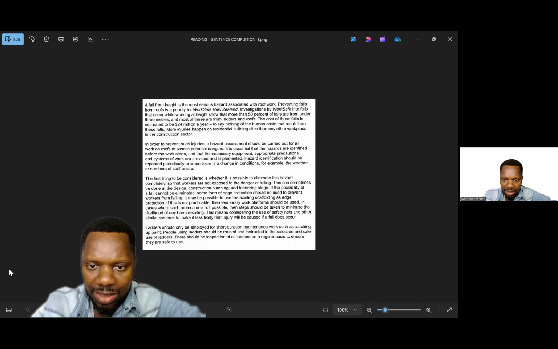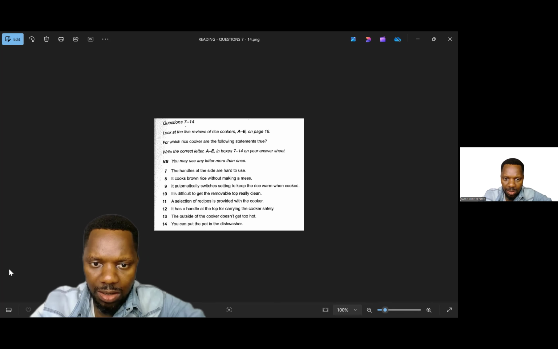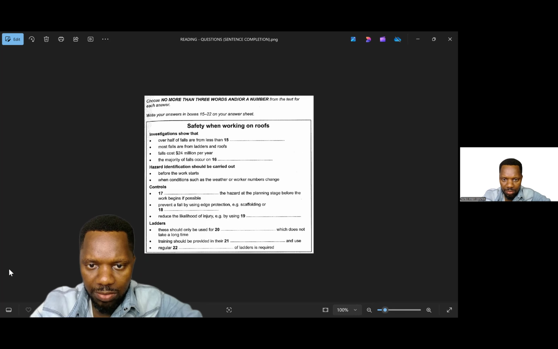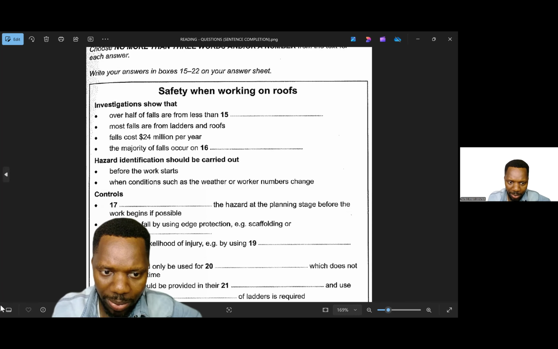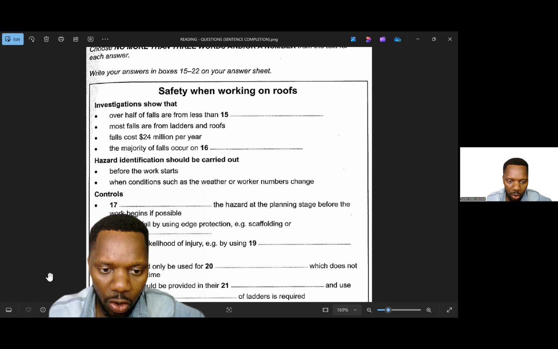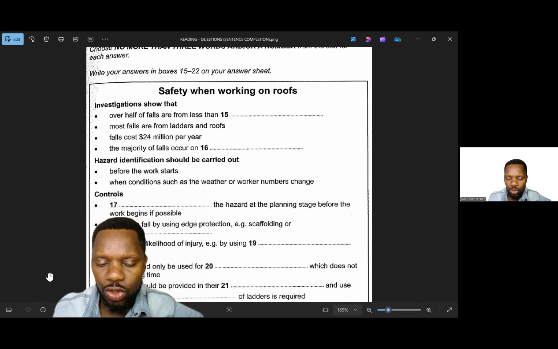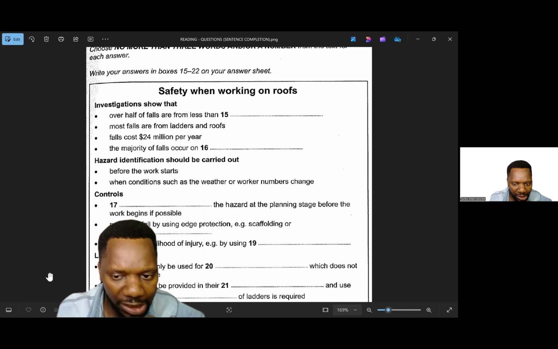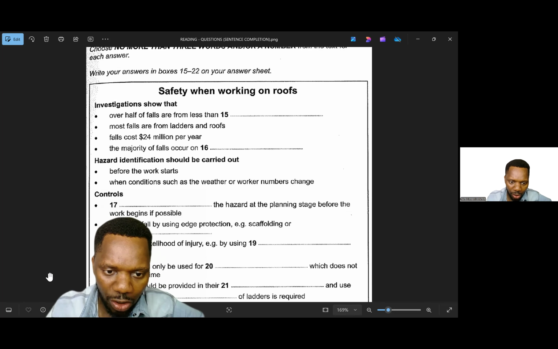That's number 20, 21, and 22. We are focusing on the paragraph that talks about ladders. So first bullet point: these should only be used for dash, which does not take a long time.